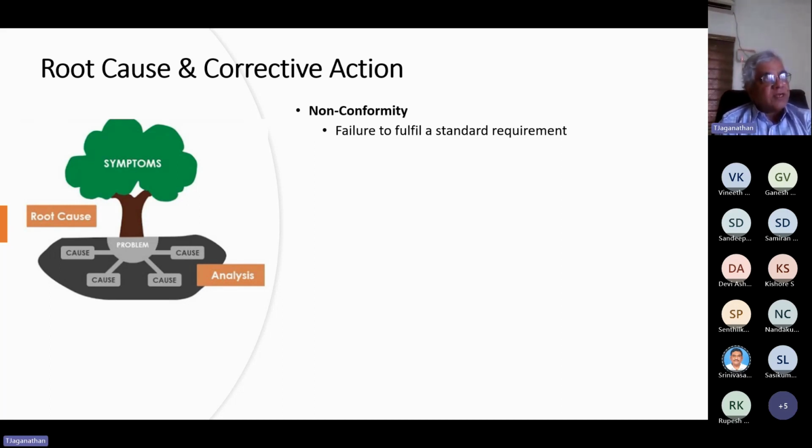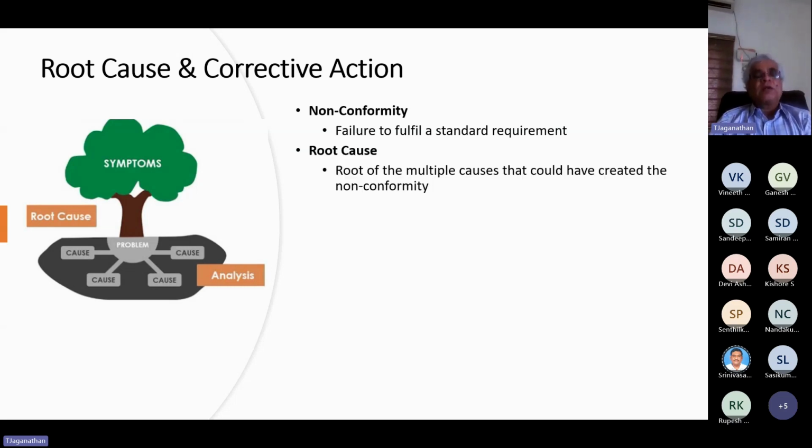The auditor has to state that the requirement of A 5.23 states that this is what has to be there, and I'm finding this is there, and this is the non-conformity. Failure to meet the standard requirement is not like saying it is poor, or it is not at all a good practice.